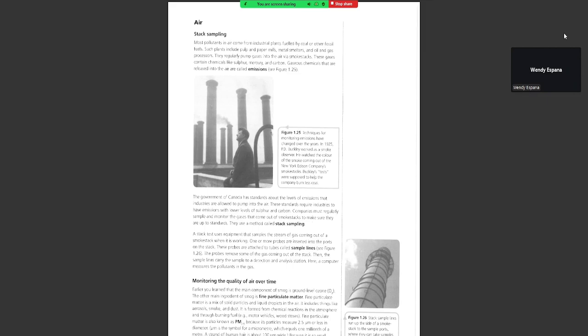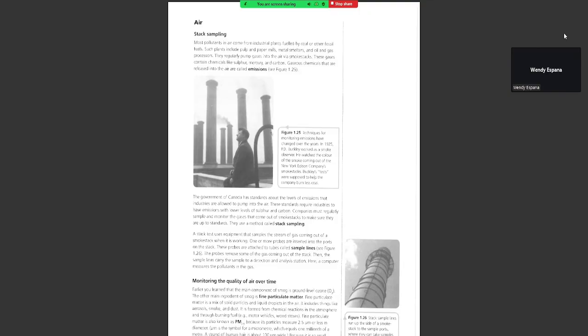You can see in figure 1.26 that they have sample lines on the side of the smokestack, and they run up the side and check what's happening. They take samples from inside the stack of the air that's coming out. They can also remove some of the gas and take it to a detection or analysis station, and test to see what is being produced by the factory.